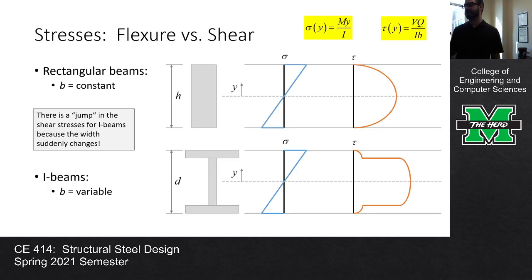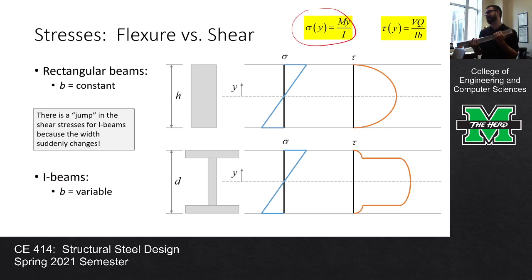So let's talk about shear. I want to first talk about shear stresses. So up until now, I think that hopefully we're starting to get comfortable again with sigma equals My over I. So y is measured from the centroid, I is your moment of inertia, and M is your applied moment. As you apply moment, the flexural stresses increase linearly.